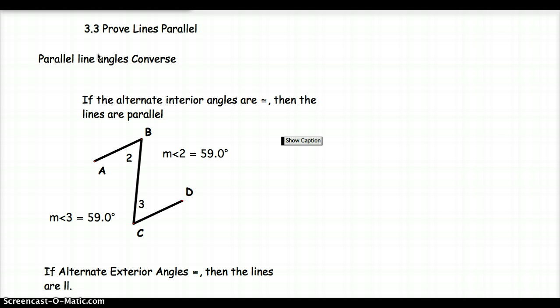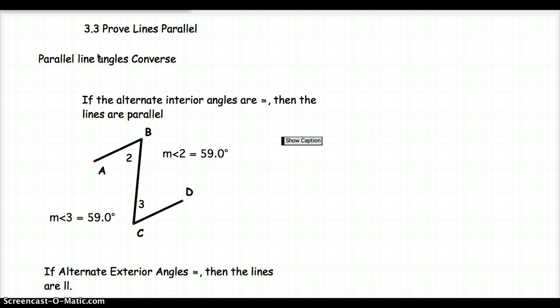So let's go ahead and just jump right in. In 3.1, we were introduced to what alternate interior angles, alternate exterior angles, and consecutive angles are.